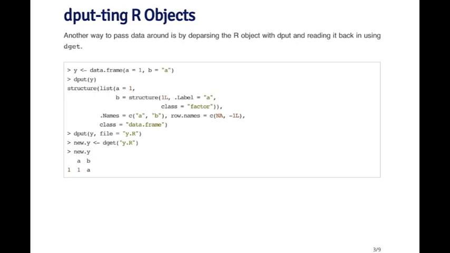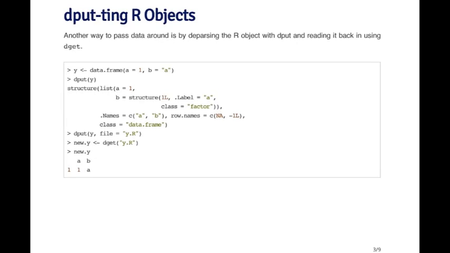And you can see that it's constructed some R code. For example, it's creating this list that has these two elements in it, and each element has the data that's in it, and it has the names embedded here. It's got the row names here, and it has the class of the object, which in this case is a data frame. So all the metadata here, like the row names and the names and the class, are all included in the output.